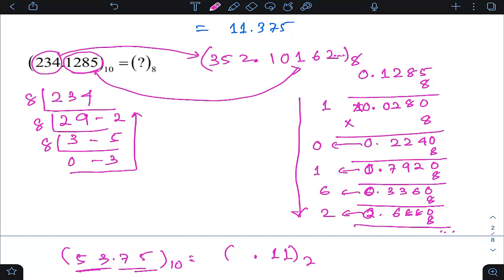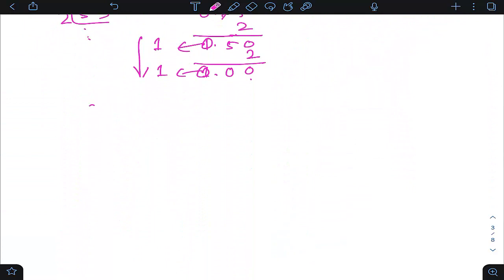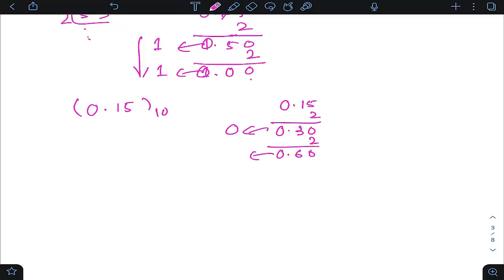Yes or no? That's why in one computer science problem, a question was asked: a number given is 0.15, and if this number is in base 10, what is the binary equivalent? What you'll be doing is multiplying this continuously by 2. 0.15 into 2 is 0.30, you got 0. Then you multiply it by 2, you get 0.60, you again got 0.